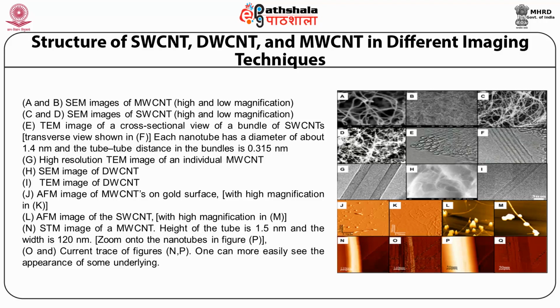And STM data also suggests that this nanotube has some trace amount of nitrogen and phosphorus, which can be visualized using EDAX mapping and things like that. So these are the techniques by which we can very easily see the different kinds of nanotubes, whether they are single-walled, double-walled or multi-walled, what their dimensions are, and what other atoms or molecules are encapsulated inside the system. This can be visualized using these techniques.